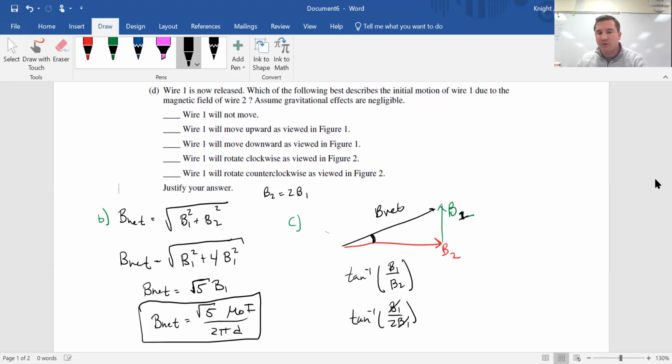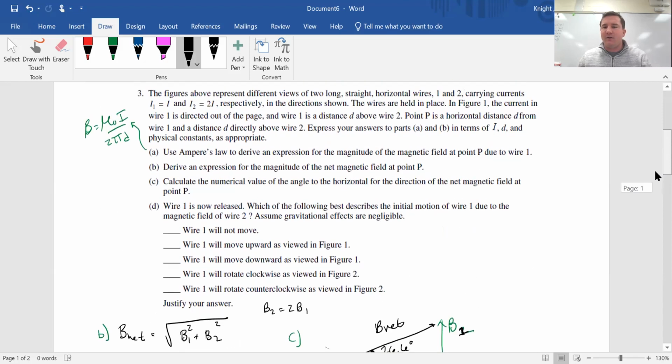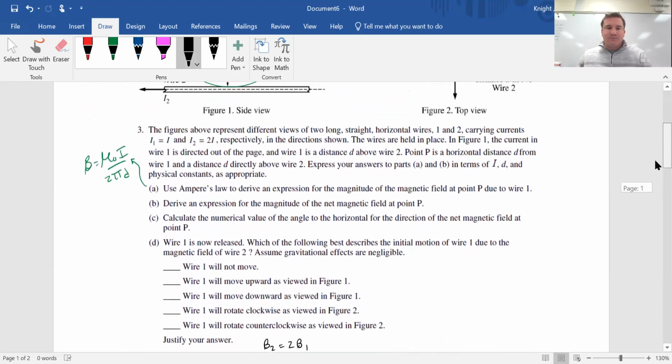B1's cancel, leaving us with 1/2, so we get the inverse tangent of 1/2, which is equal to 26.6 degrees. So this angle here is 26.6 degrees. And that gives us part C. So the only tricky part there was being sure that we were finding the right angle and not finding the angle to the vertical by accident.